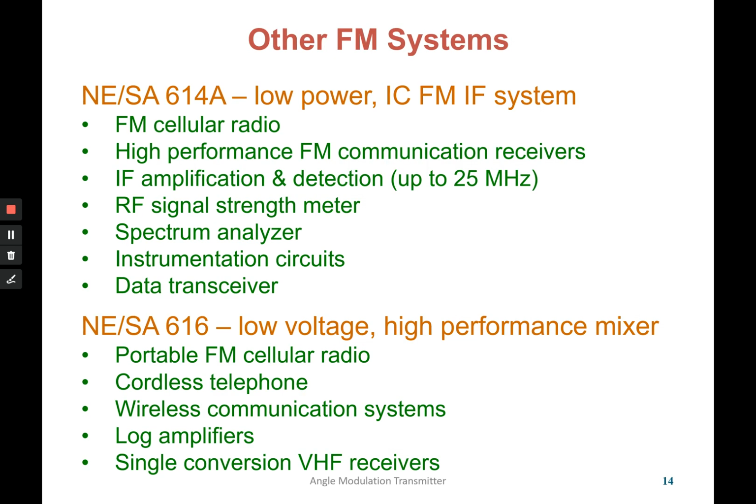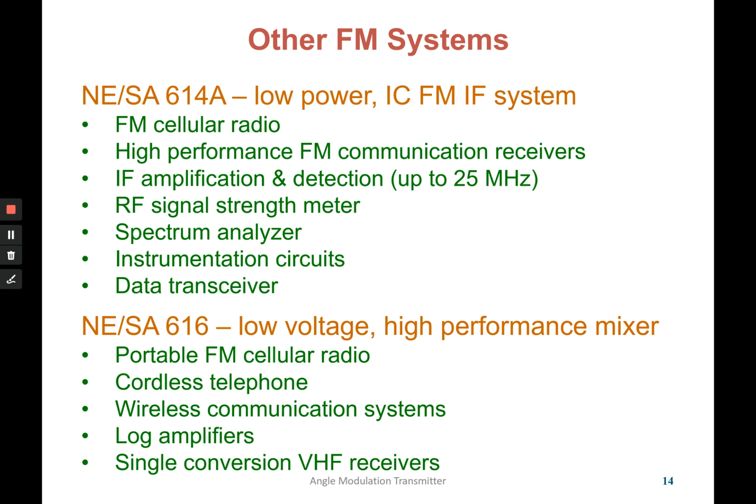Other FM systems that you may consider using is the NE614A IC. It is a low power FM IF system widely used in FM cellular radio, high performance FM receivers, IF amplification and detection up to 25 megahertz, spectrum analyzers, data transceivers, and lots more.